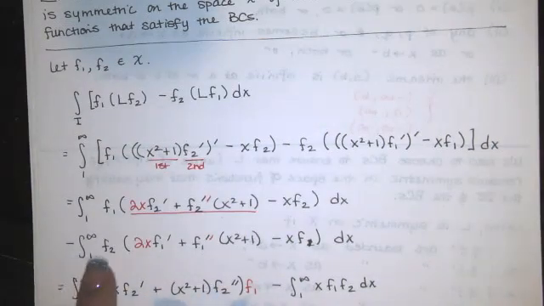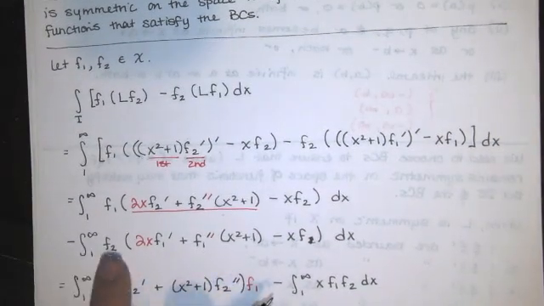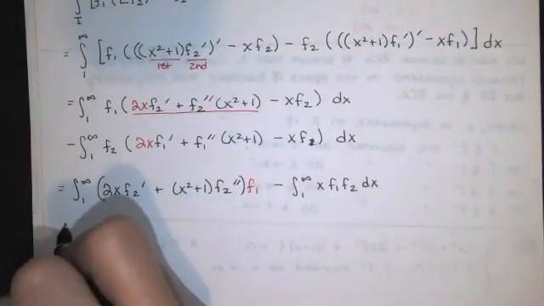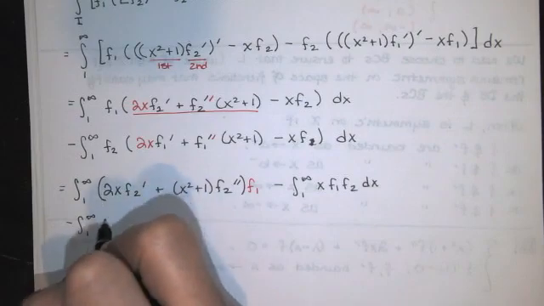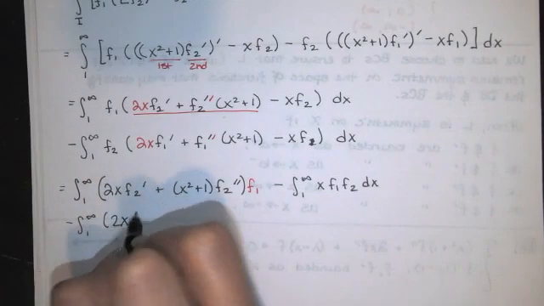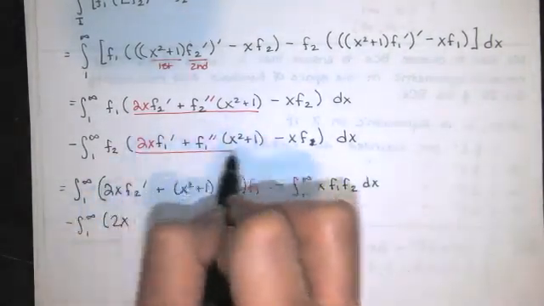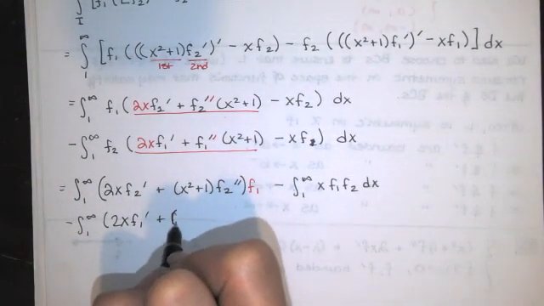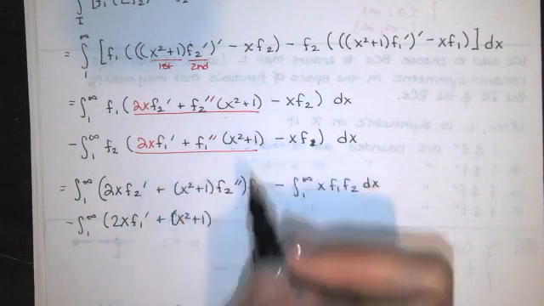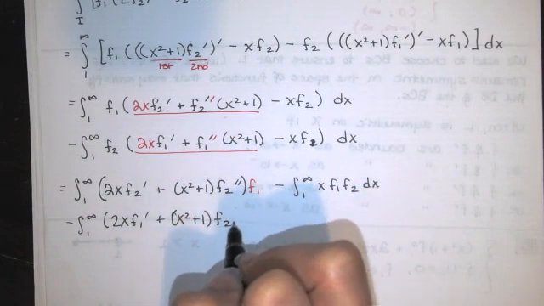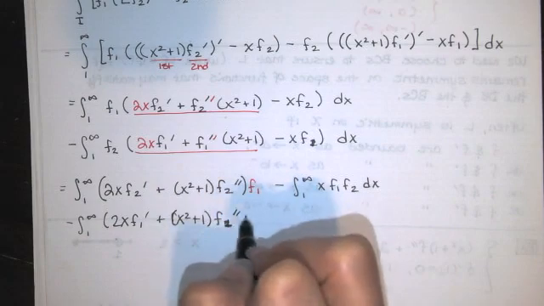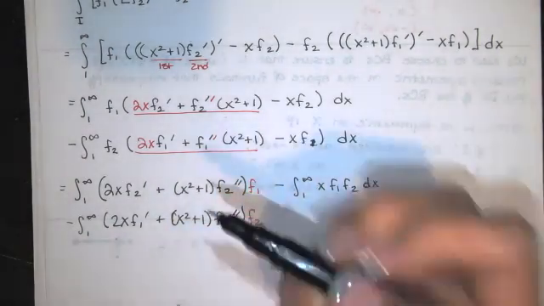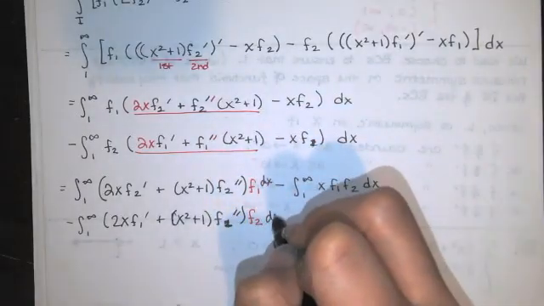Okay, now here I will distribute the negative and the f2. So I'll have a negative integral from 1 to infinity of, and again, I'm going to keep this all grouped together. Just rewriting it in the reverse order, just because I want to. Oops, there should be a dx there.